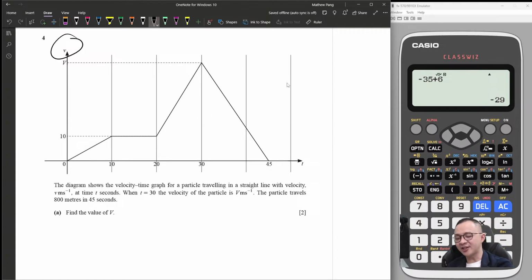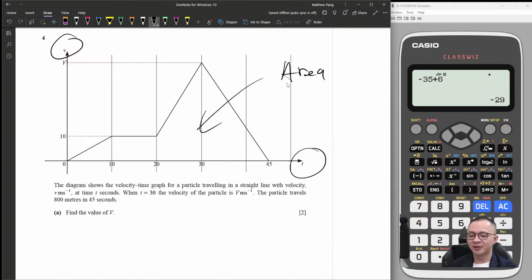So this is a velocity-time graph, right? And for a velocity-time graph, area plays a very important role. What is the meaning of area here?